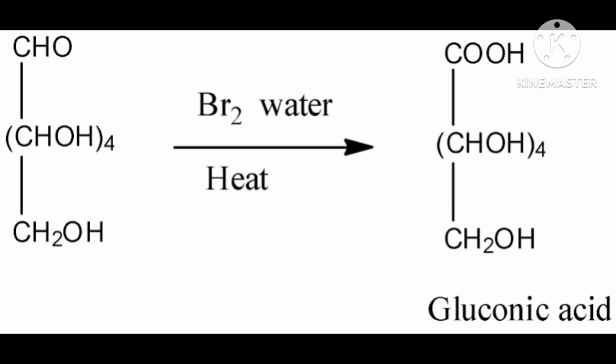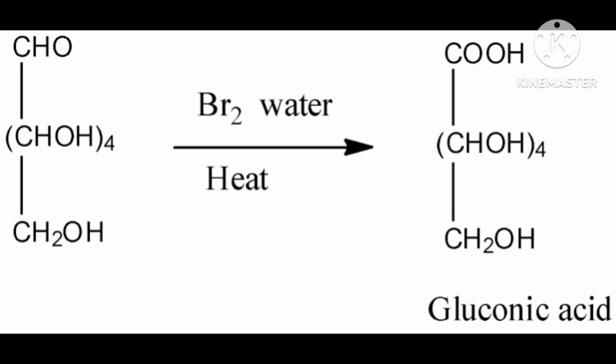This is the correct representation of glucose. The last carbon you write as CH2OH, in the right direction. The first carbon, CHO, has no OH group; the last carbon, CH2OH, has the OH.